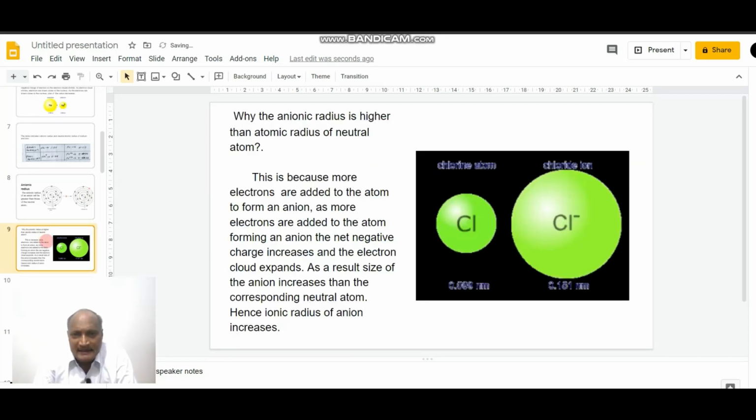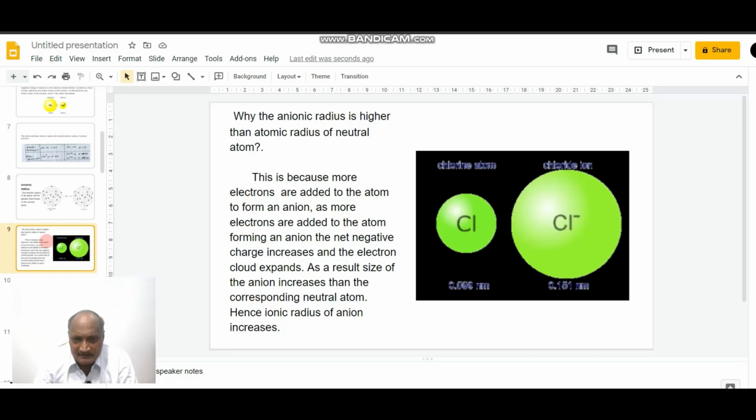Why is the ionic radius greater than that of the neutral atomic radius? This is because as more and more electrons are added to the neutral atom forming an anion, the net negative charge increases and the electron cloud expands.